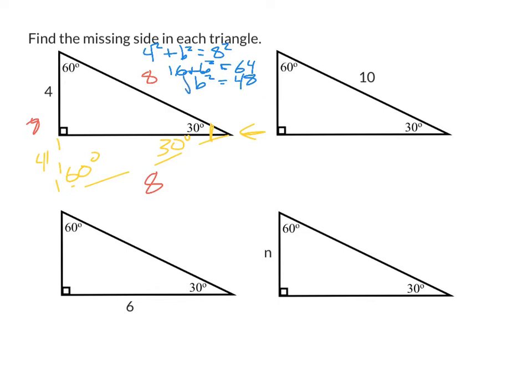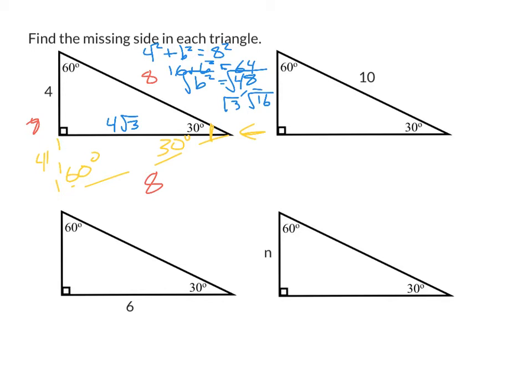When I square root both sides to get b alone, and I factor tree, I'll be able to get a 3 and a 16. I know that 16 is a perfect square, so if I square root 3 and 16, I'm going to get 4 times the square root of 3. Okay, so I've solved all the sides in that triangle.